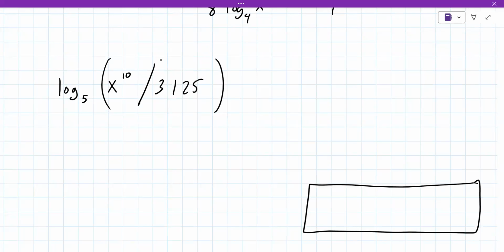Can you go back to the example real quick?